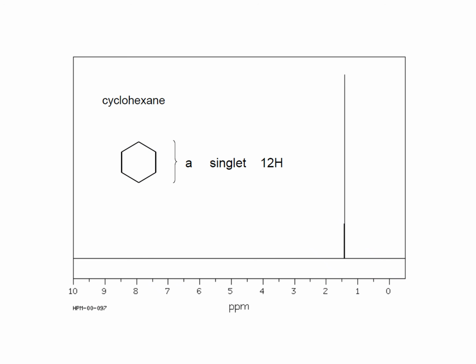Now if we look at the spectrum, then how would it be shown? First of all, cyclohexane. In cyclohexane, singlet, one environment, because all of the carbons are in a similar environment, singlet, and 12 hydrogen. So 12 hydrogen means a very sharp peak. Why is it very high? Because of the 12 hydrogen.